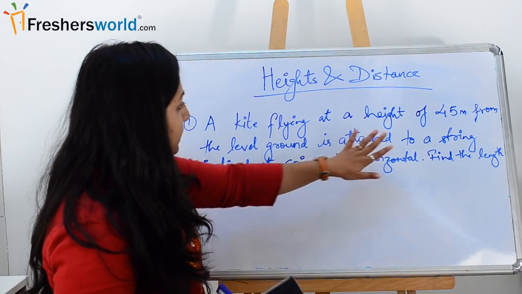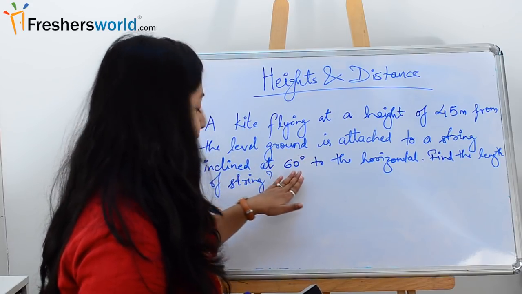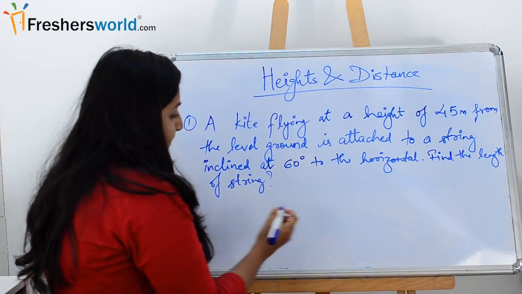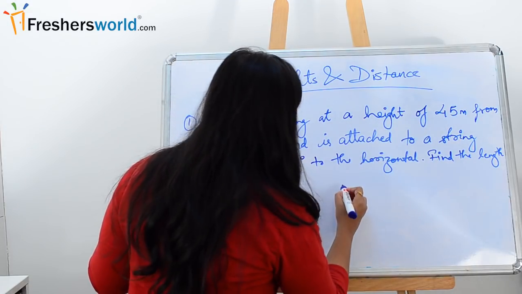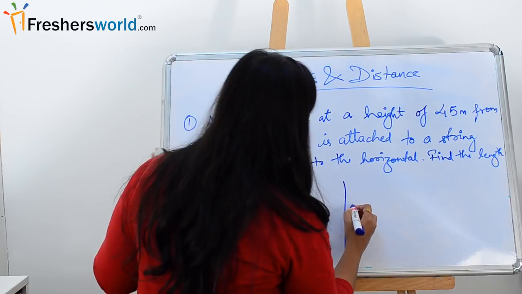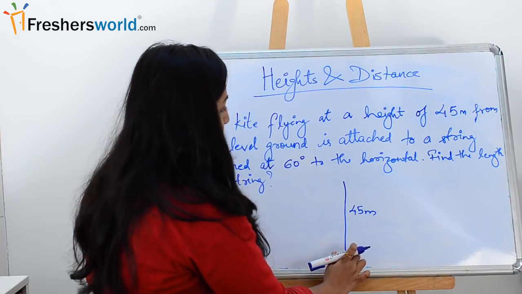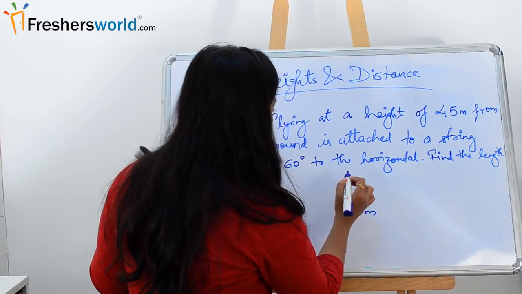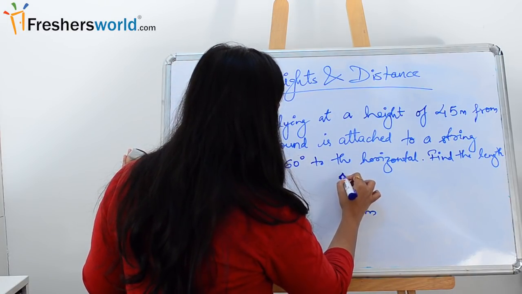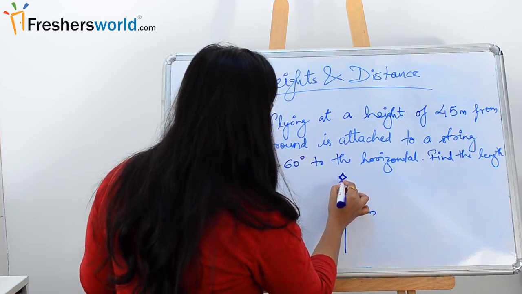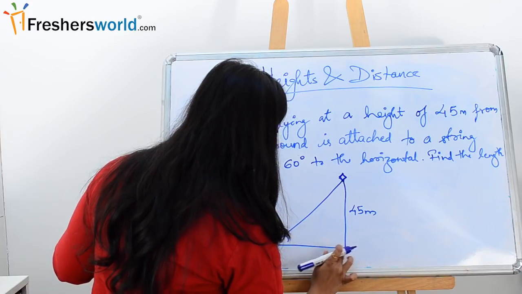A kite flying at a height of 45 meter from the level of ground attached to the string inclined at 60 degree. The height it is saying is 45 meters. From this point, a kite is flying at this point and it is inclined at 60 degree from the horizontal.